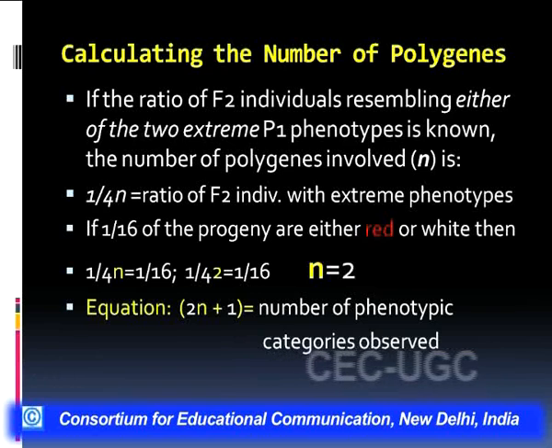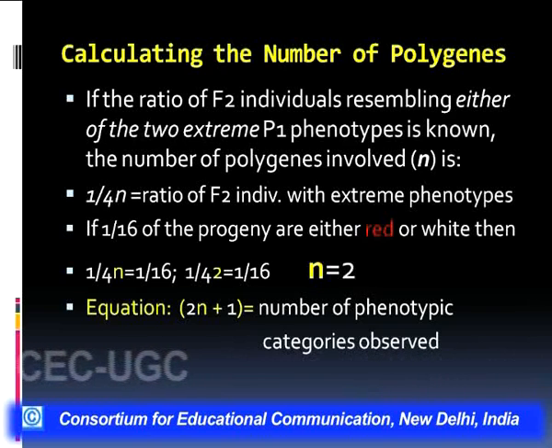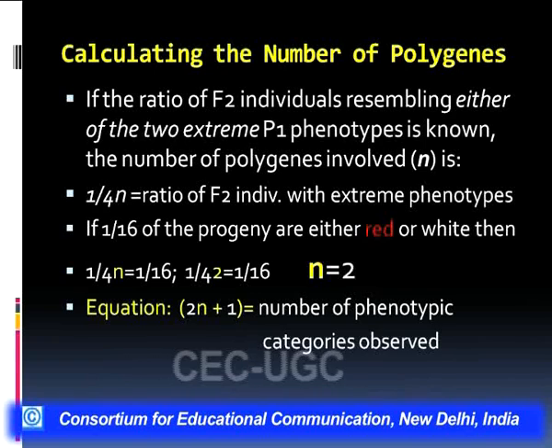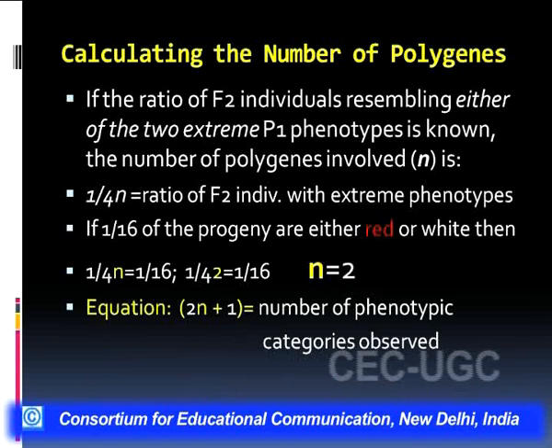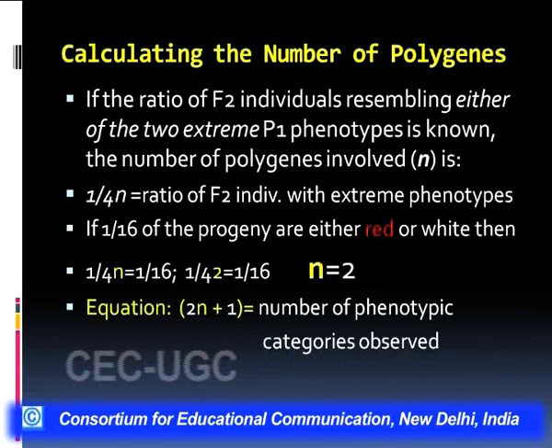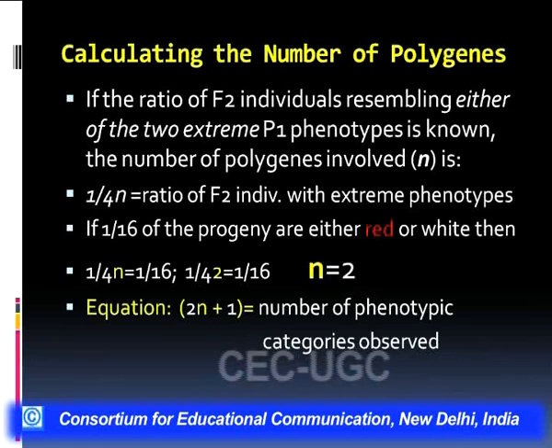Now, how do we calculate the number of polygenes, whether it is 2 genes involved or more? We know that if the F2 individuals resemble either of the two extremes, as I said in 1:4:6:4:1, just 1 out of 16 was one of the extremes.